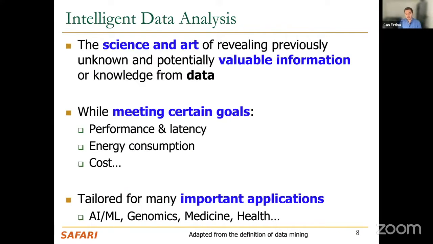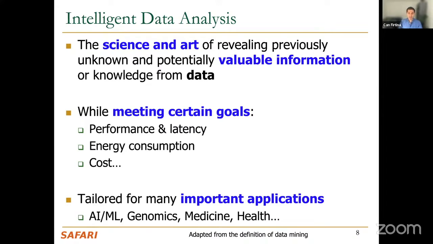We're interested in this data because this type of data is usually very important for us. It is usually generated from very important applications, such that it carries really valuable information or knowledge, right? And we really want to extract that knowledge from this data by achieving certain goals.